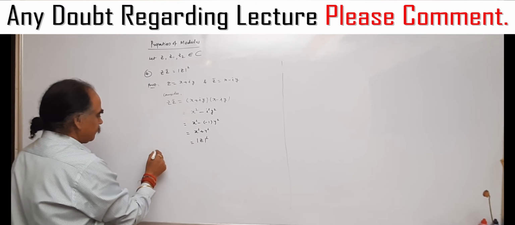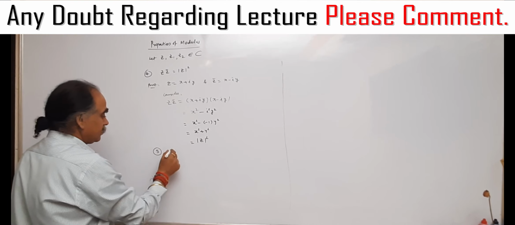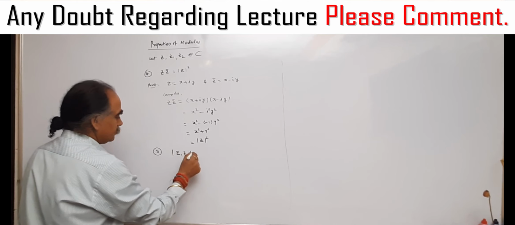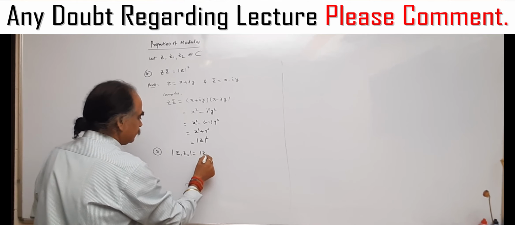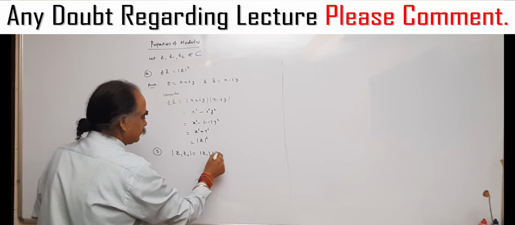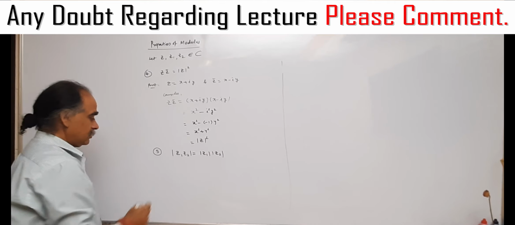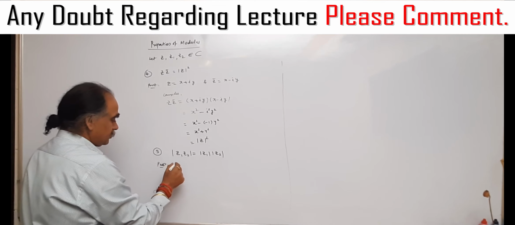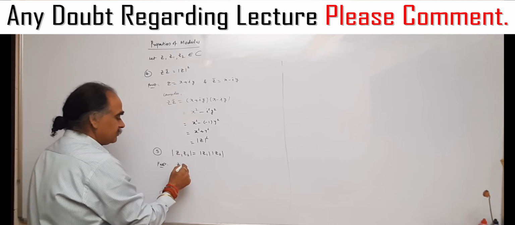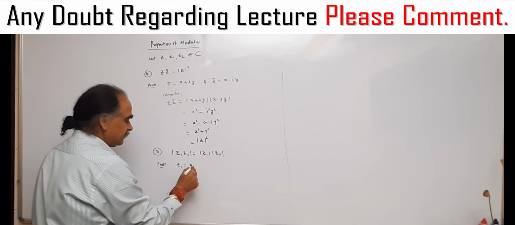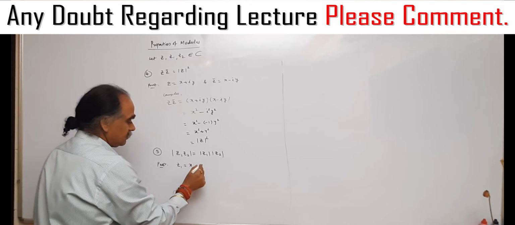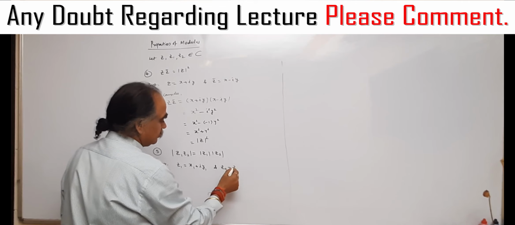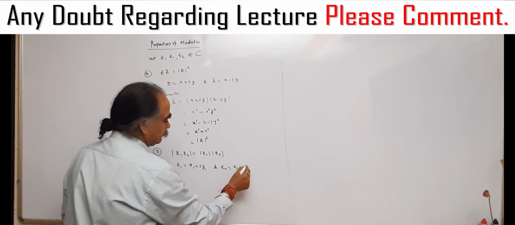Property number five is modulus z1 into z2 is mod z1 into mod z2. Z1 is x1 plus iy1 and z2 is what? x2 plus iy2.